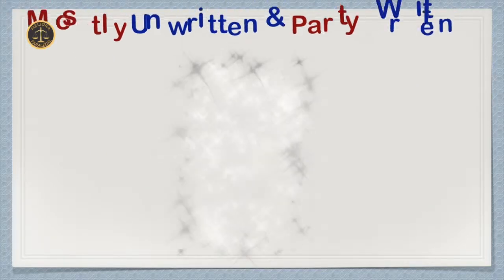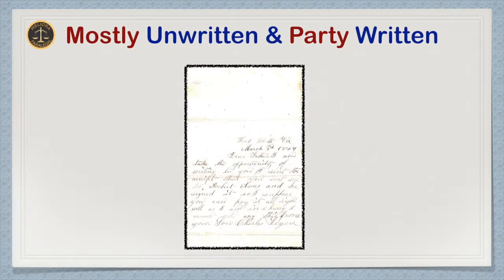First, mostly unwritten and partly written. It means there is as such no written, precise and compact single document which may be called the British Constitution, rather it is largely unwritten. Moreover, the UK ruling system works largely on conventions and political traditions.